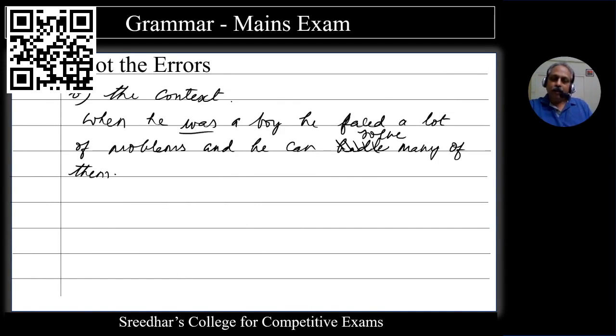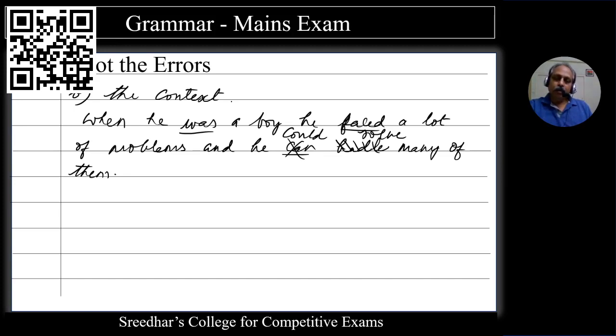Here, he was a boy, past verb, faced a lot of problems, past verb. Two verbs are in the past, then we cannot use a helping verb in the present form. He can talks about the present, and we should use the past form. What is the past form of can? He could. When he was a boy, he faced a lot of problems and he could solve many of them.